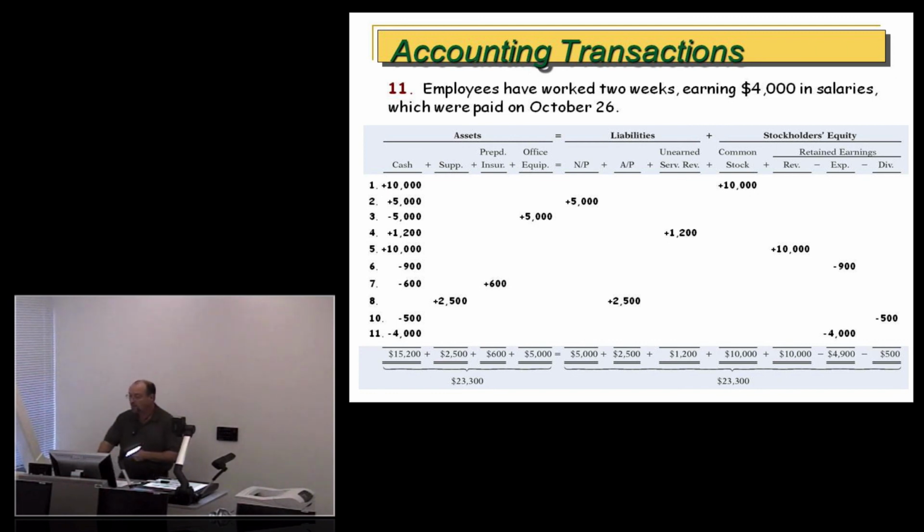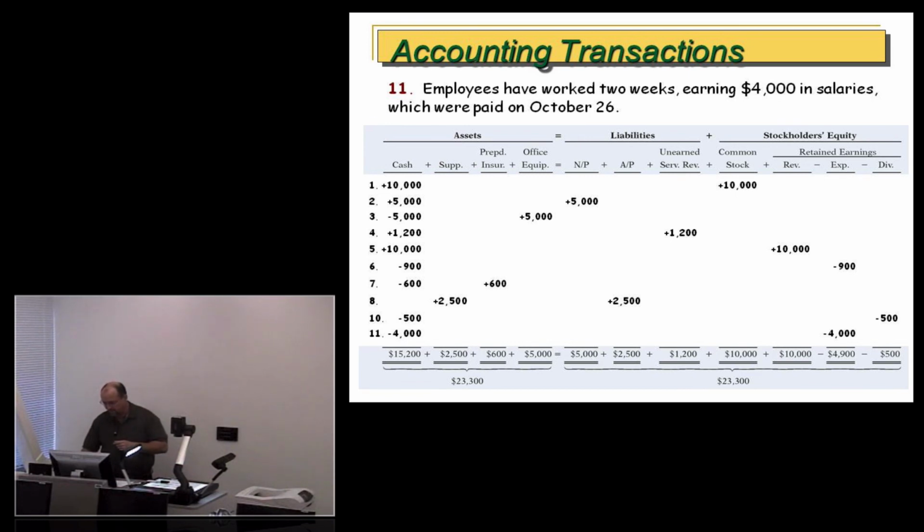And then stockholders' equity, which is comprised of common stock and retained earnings, well, we have to figure out what's in retained earnings first. And we know that revenues increase retained earnings, expenses decrease retained earnings, and dividends decrease retained earnings. So let's figure out what is in the retained earnings account at the end of this month.